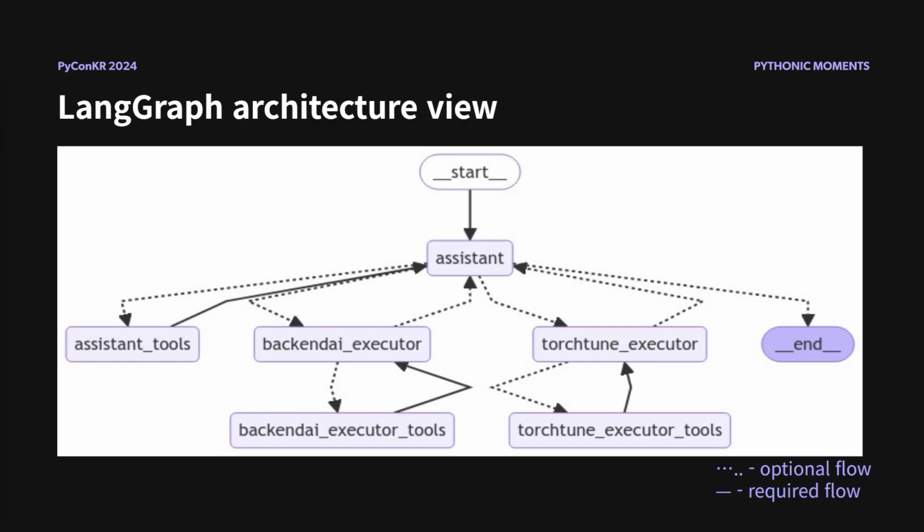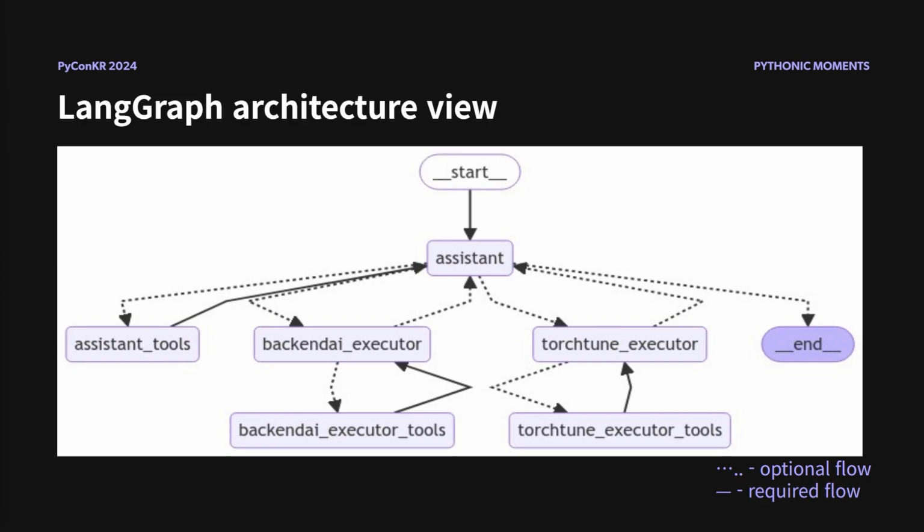In this LangGraph architecture, the assistant acts as a central coordinator, managing various tasks and calling the appropriate tools. The assistant can access search functions through assistant tools, allowing it to look up necessary information or documentation.